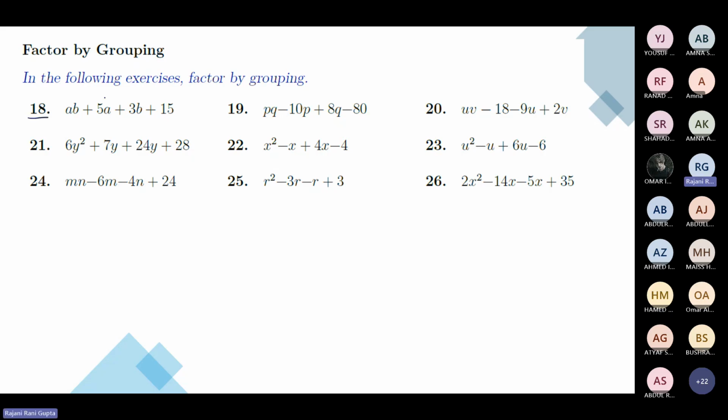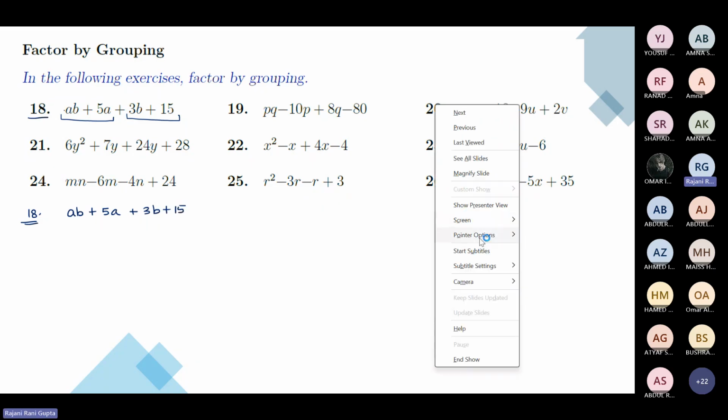Let's start with 18. So you have ab plus 5a plus 3b plus 15. So we make groups of the terms. We group the first two terms and we group the second two terms. Okay, so let me write down 18. ab plus 5a plus 3b plus 15.